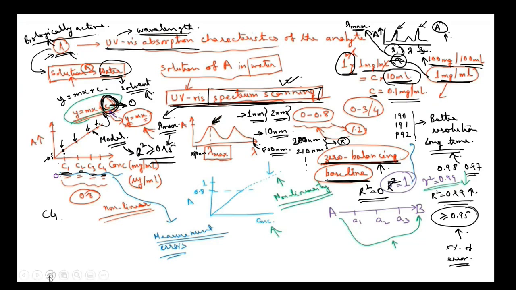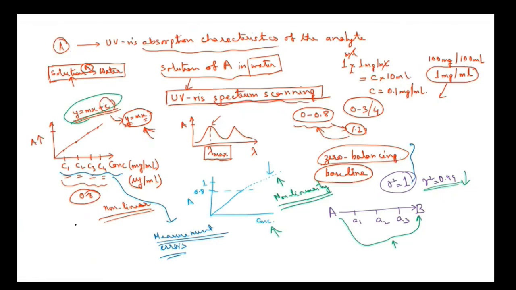Another important thing when you are doing these measurements: it may so happen that the absorption value is greater than 0.8. In many machines, you can measure absorption up to 3 or even 4. That's very good. But conventionally, what we saw in our lab, if the absorption value is within 0 to 0.8, then we have a very good quality of data.